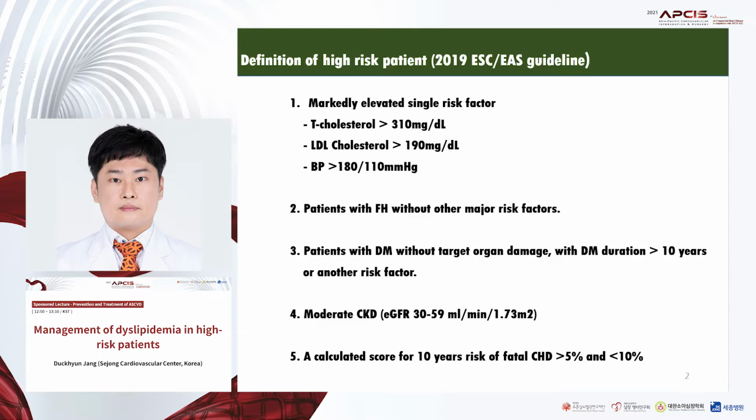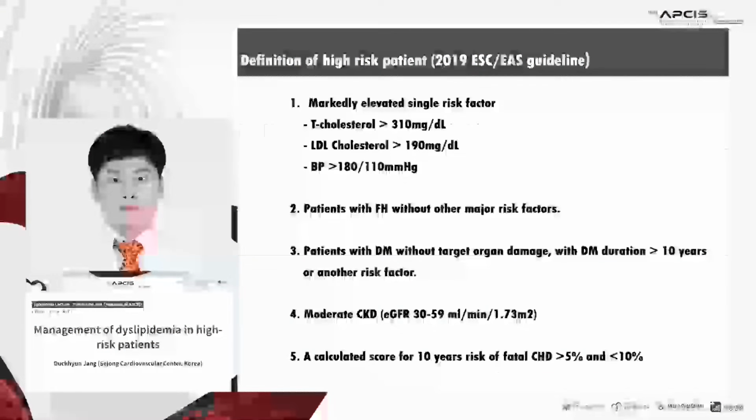Second, patients with familial hypercholesterolemia without other major risk factor. Third, patients with DM without target organ damage and with DM duration more than 10 years or another risk factor. Fourth, moderate CKD. Fifth, a calculated score for 10-year risk of fatal coronary heart disease of more than 5% and less than 10%.